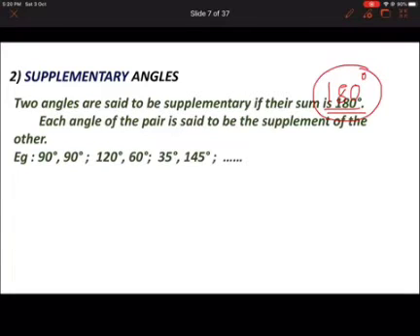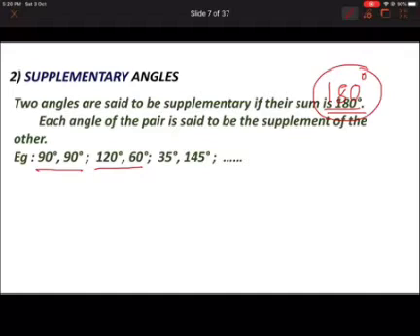So I have given you examples here. As you can see, 90 and 90. 90 plus 90 adds up to 180 degrees, is it not? What about 120 and 60? Yes, again they add up to 180 degrees. So all these pairs mentioned here are called supplementary angles, and each angle is the supplement of the other.